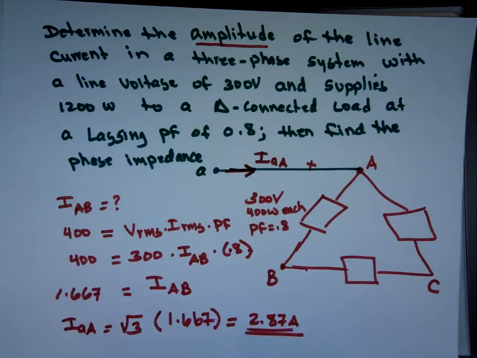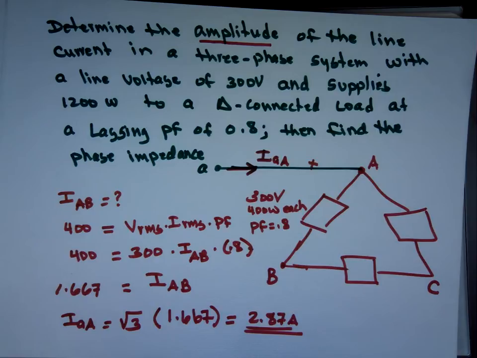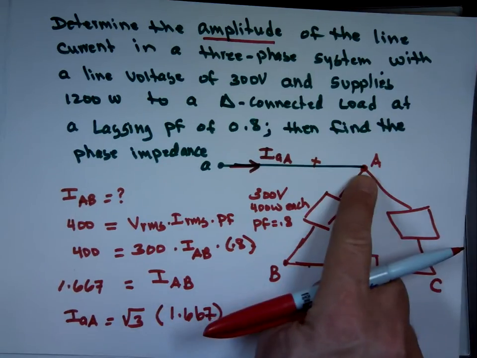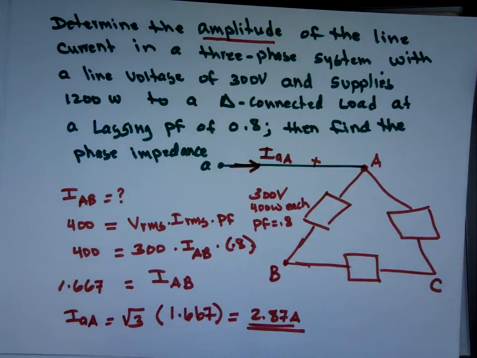What is the magnitude, the amplitude of the line current in a three-phase system with the line voltage of 300 volts and the power is 1,200 watts to the load? What do you mean by we could find the current from A to C and then just do A? You can find AC, KCL at this node. Wouldn't it be the same thing as the other current, or am I getting that confused?